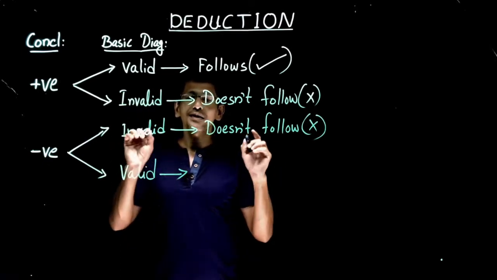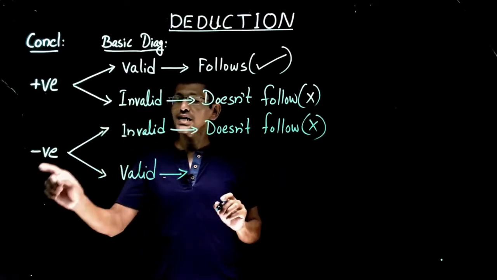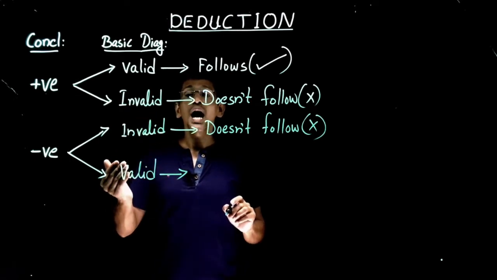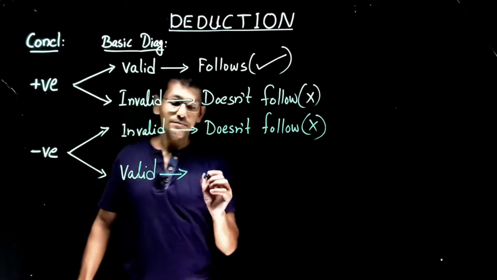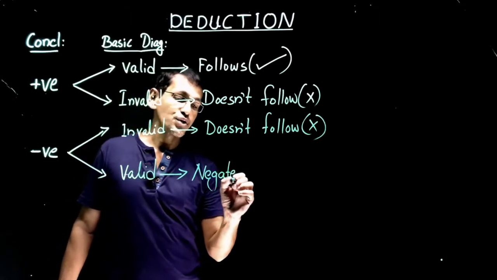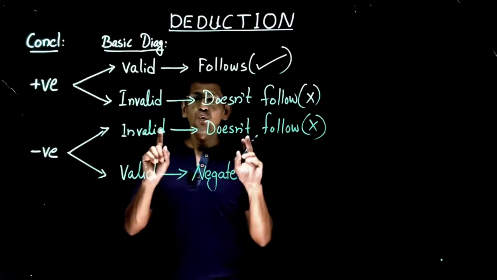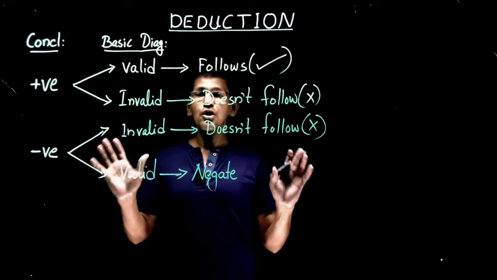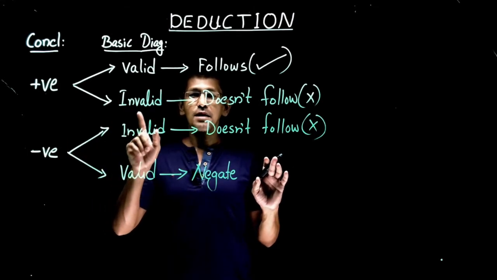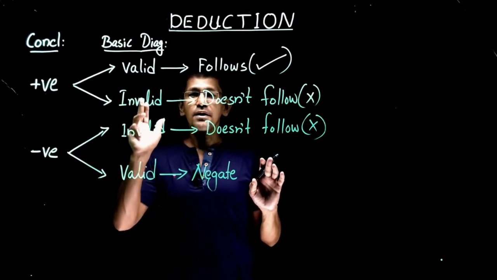That is where the challenge comes in. If a negative conclusion is valid for the basic diagram, then we have to negate it. Do you remember the negation? Well, if you don't remember, look back to the previous videos, deduction videos number 4, 5 and 6.